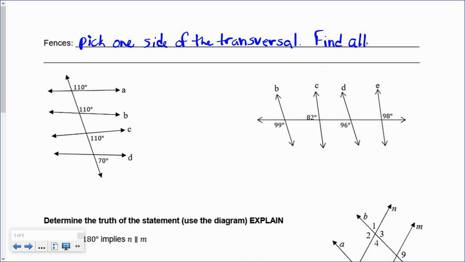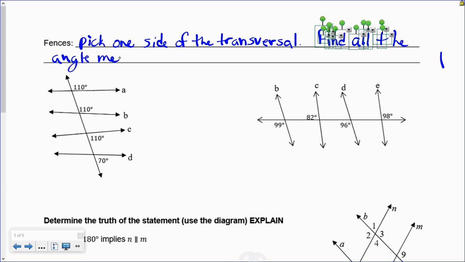Second step: find all the angle measures. And then third step, look for corresponding angles. Pick one side of the transversal, your favorite.